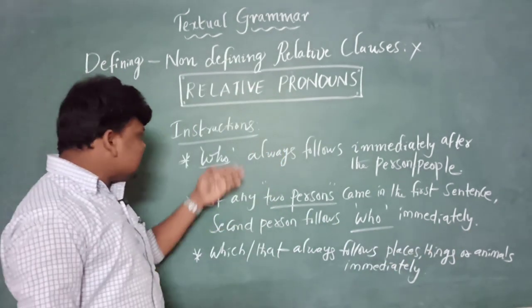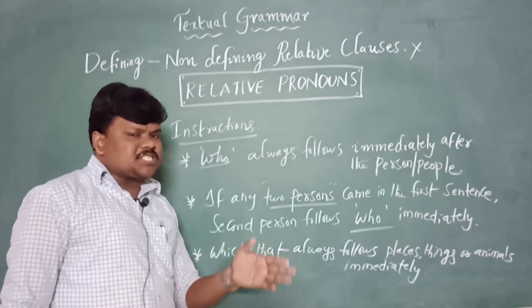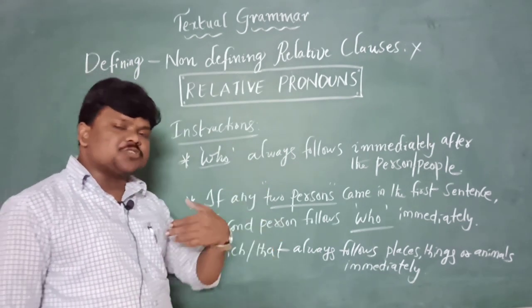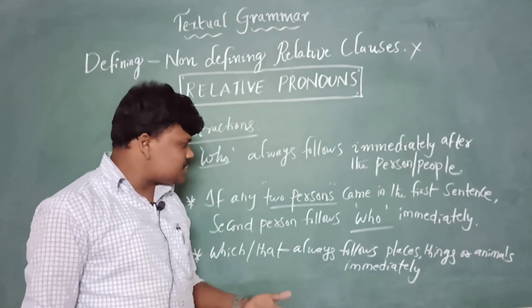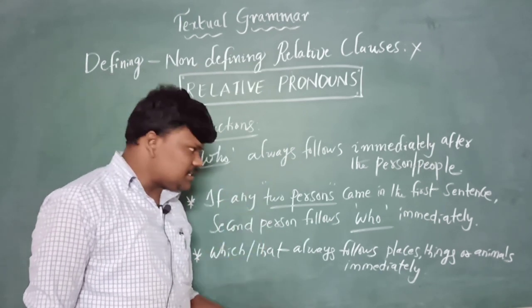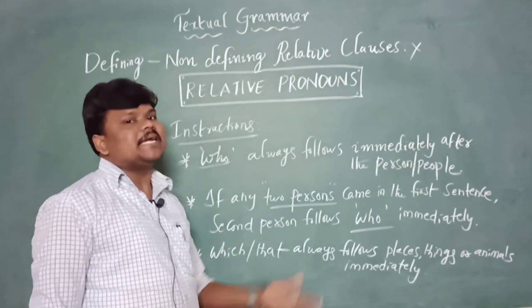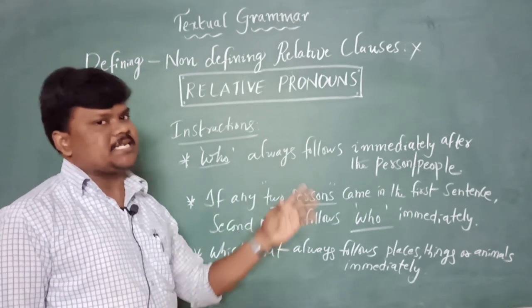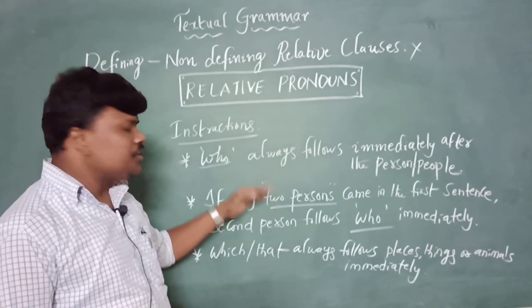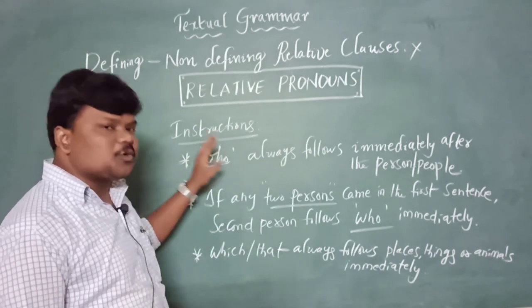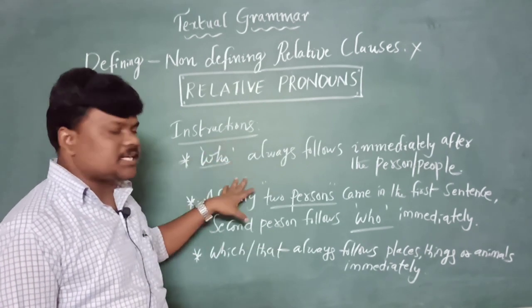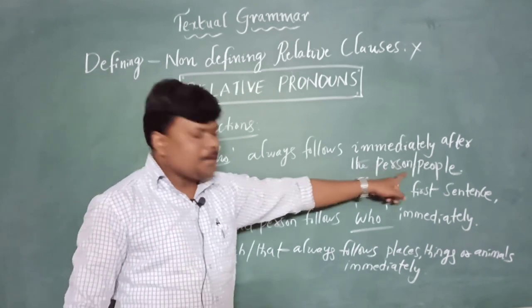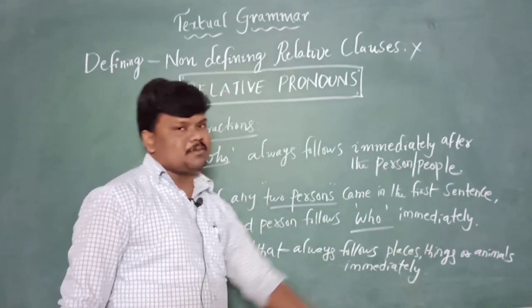Based on this instruction, first and foremost, we need to identify where the person, the thing, the place, the animal is in the first sentence. The first sentence is very, very important. Either it is a person or people, place, things, or animals.